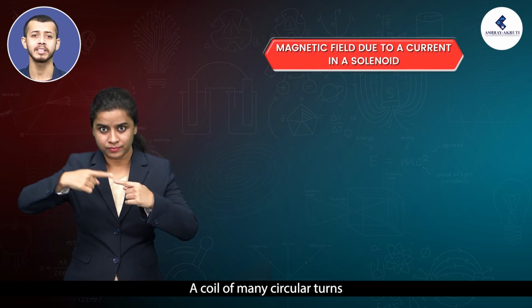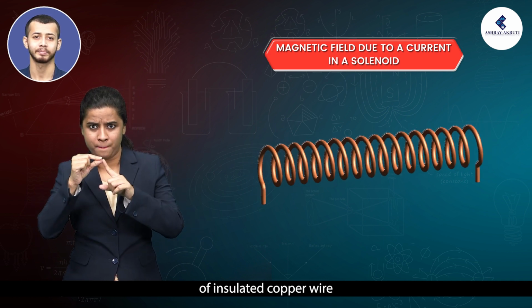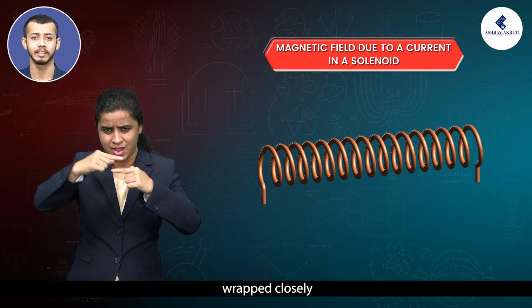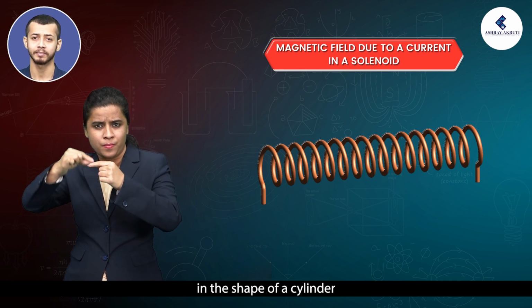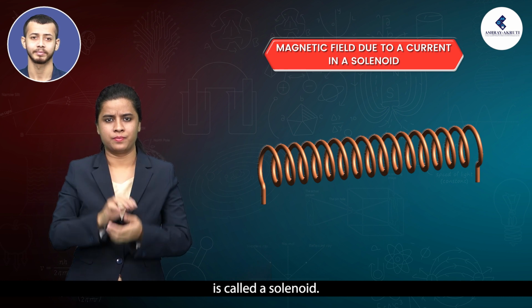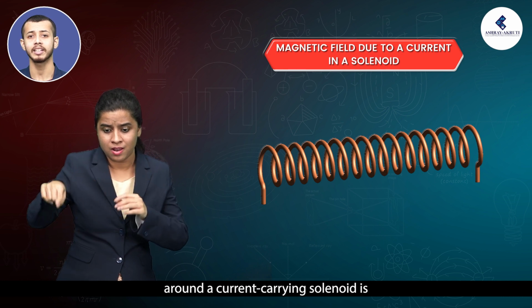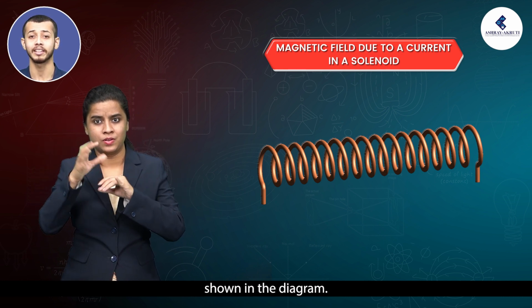A coil of many circular turns of insulated copper wire wrapped closely in the shape of a cylinder is called a solenoid. The pattern of the magnetic field lines around a current carrying solenoid is shown in the diagram.